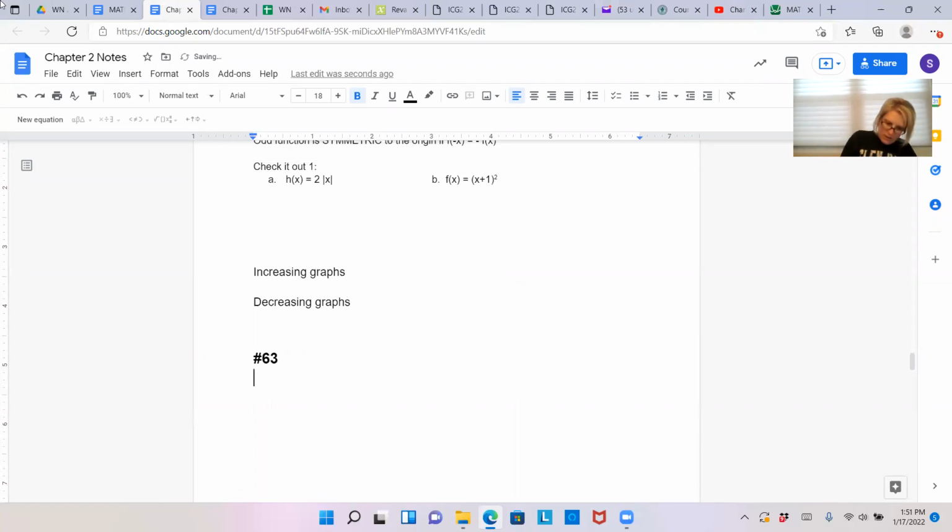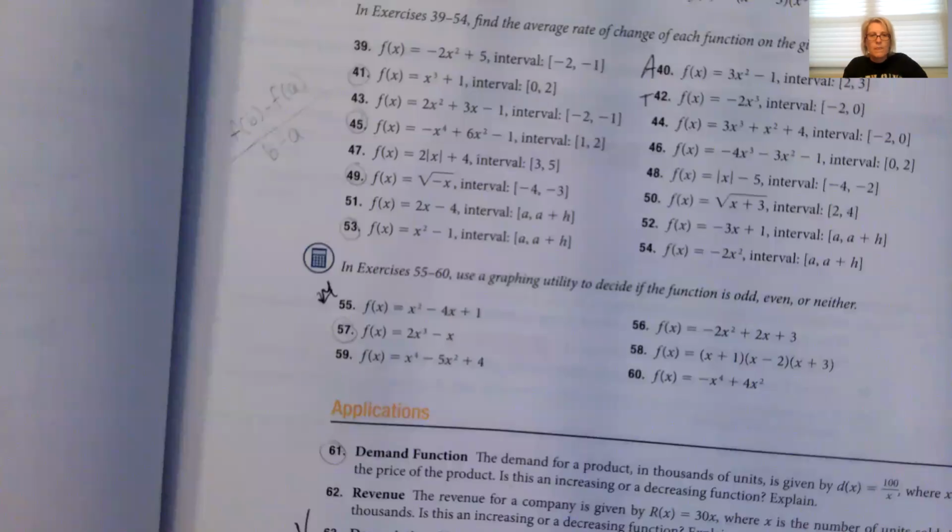Okay, so I'm going to take you and show you on the page here. And we'll look at it together.